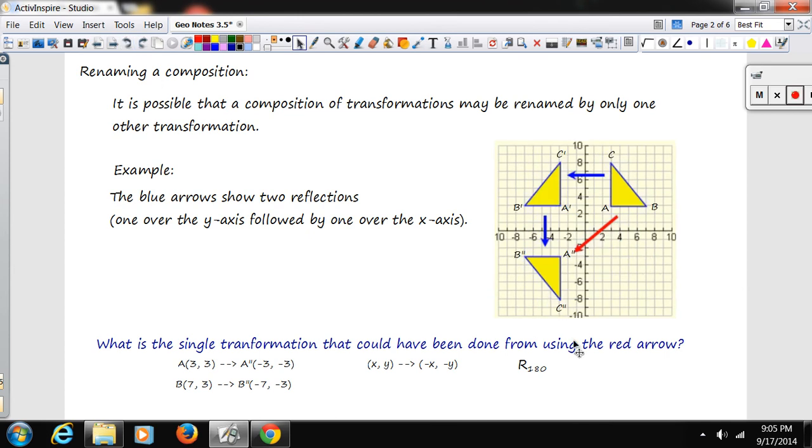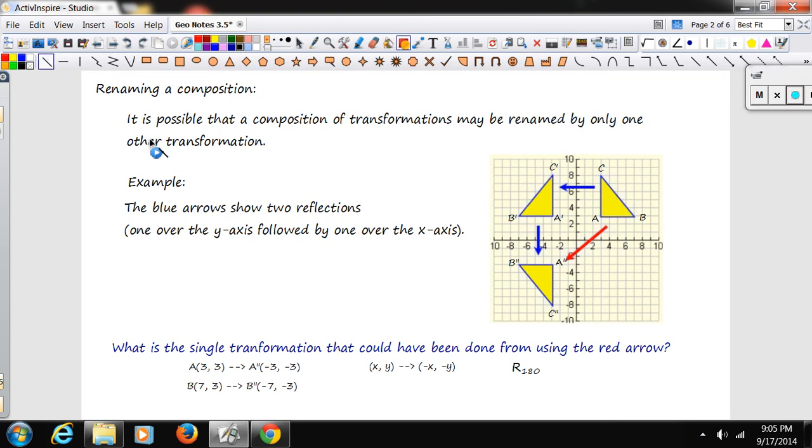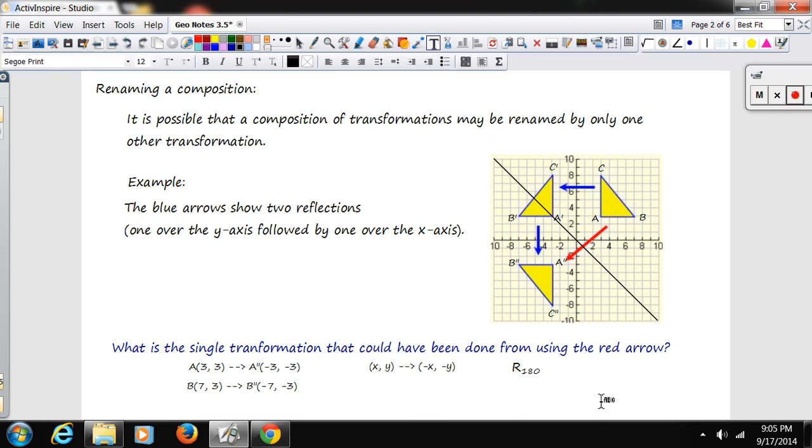So that's one possibility. But it also is a reflection. If I was to draw this line in here, right through the origin, this is the line y equals -x.